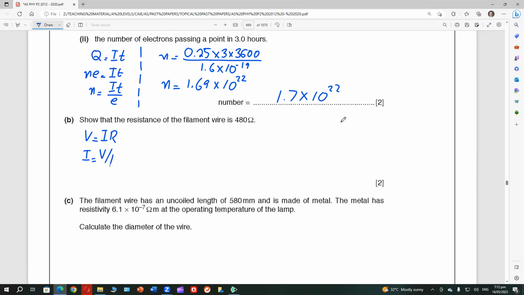It is coming as 480 by this. 480. How much the voltage? 120? Oh, sorry, 120. I made a mistake.